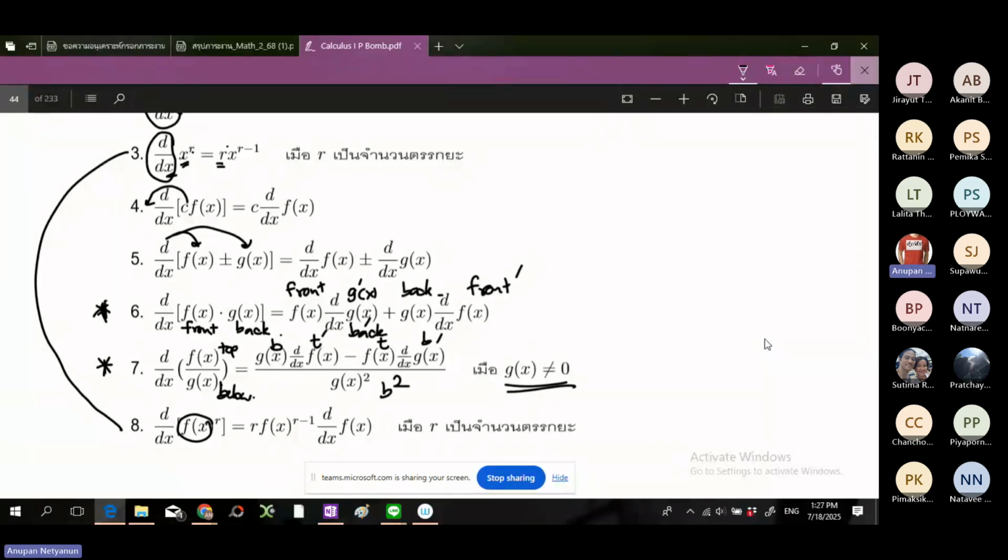But you do the same thing, which is bring down the power and then take f(x) to the power of r minus 1. Reduce the original power by 1. But since it's not x, you have to do something more, which is you have to multiply by this guy and take derivative with respect to x.